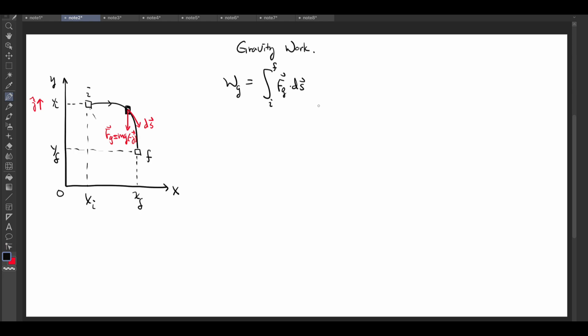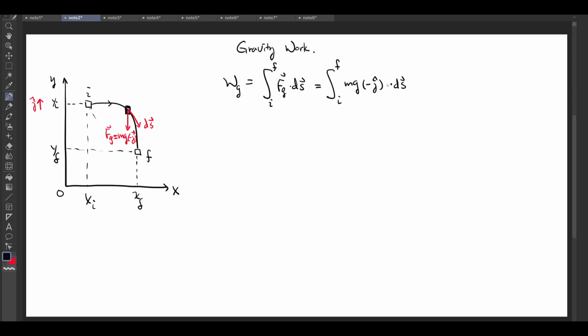Let's put in here the integral from initial to final, and Fg is given by mg negative j hat dot ds.